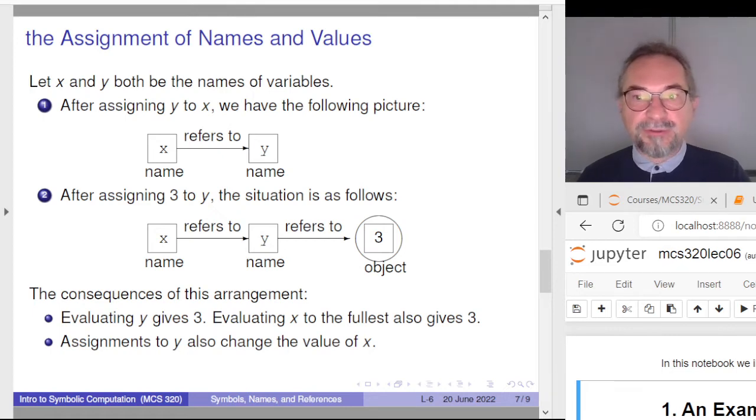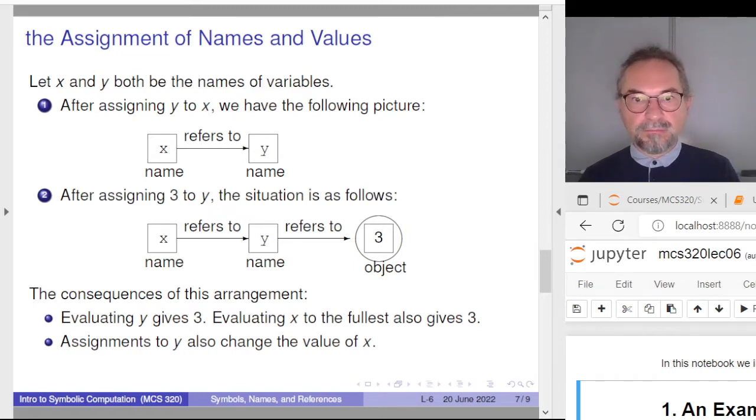After we assign 3 to y, then y refers to 3. But since x refers to y, what is the value of x? When you evaluate x, when you assign x to another variable, you will also assign the value of 3.